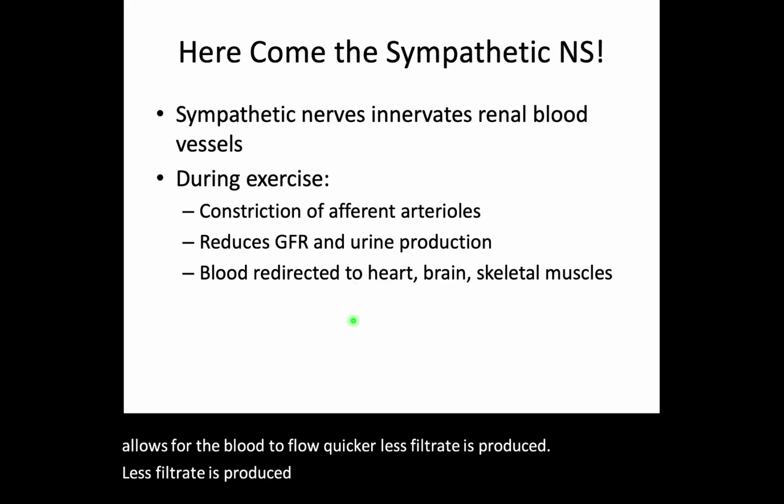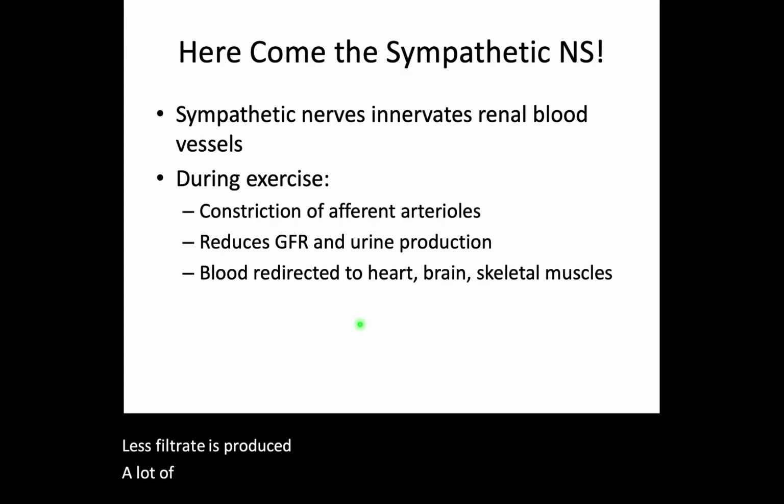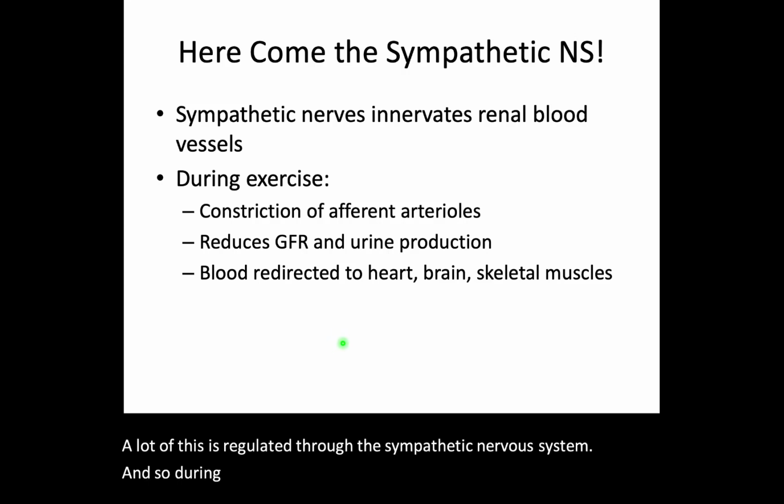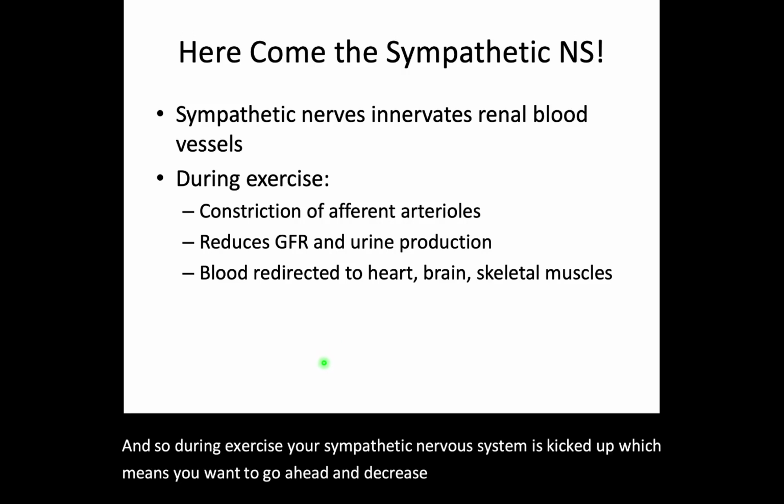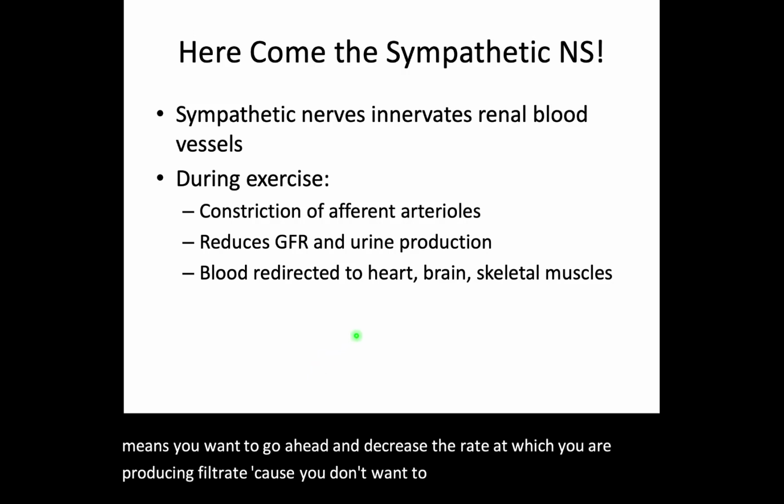A lot of this is regulated through the sympathetic nervous system. All right. And so during exercise, your sympathetic nervous system is kicked up, which means you want to decrease the rate at which you are producing filtrate, because you don't want to have to stop and use the bathroom.